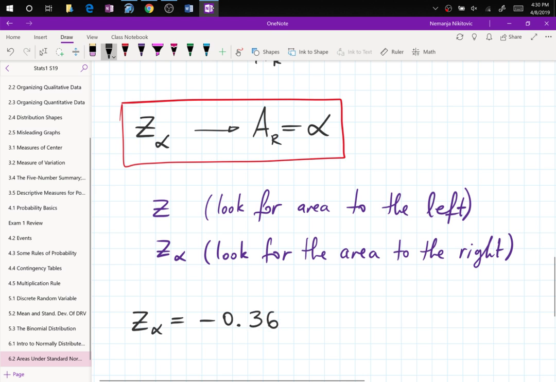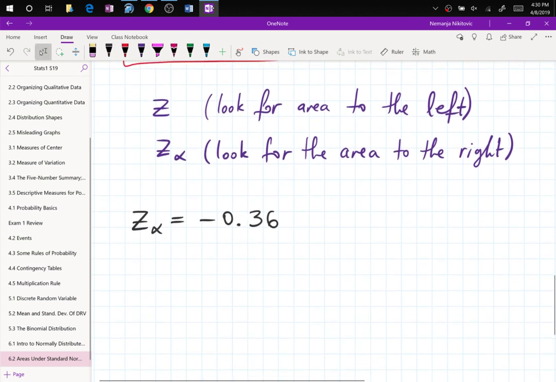So we always use 2 decimals for z and 4 for the area. We're looking for alpha, which is the area to the right. So that's area to the right, and it's going to be 1 minus whatever we find for negative 0.36.